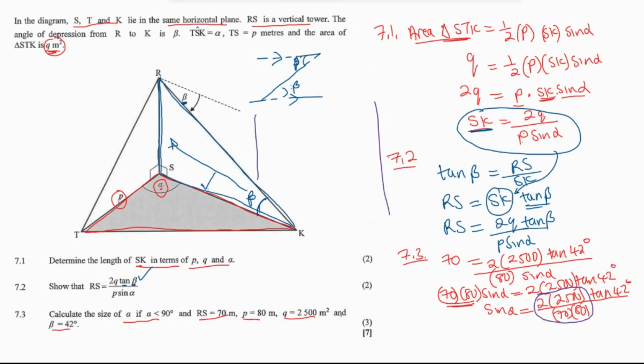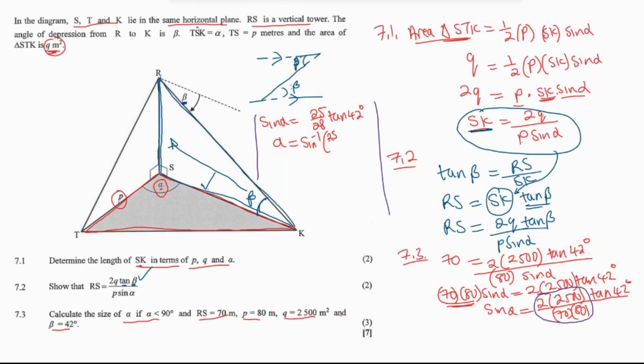You'll get 25 over 28. So sine alpha is equal to 25 over 28 times tan 42 degrees. Okay, arcsine, the inverse of sine, to get angle alpha. Then just put this as it is into your calculator. Don't change anything.